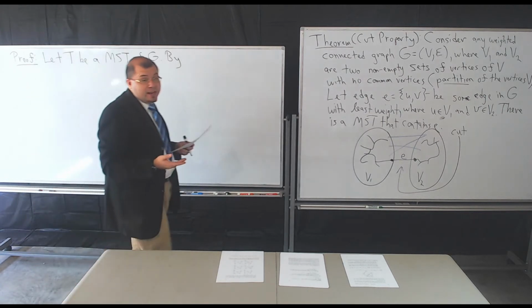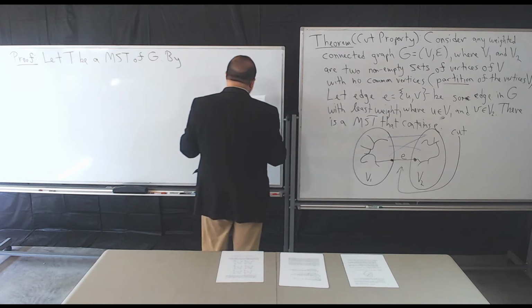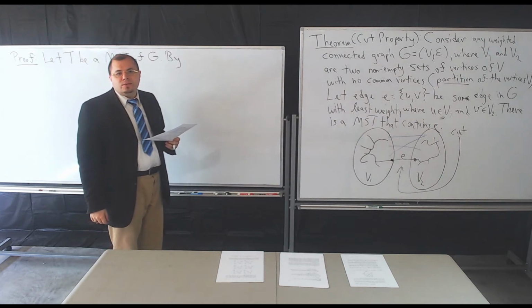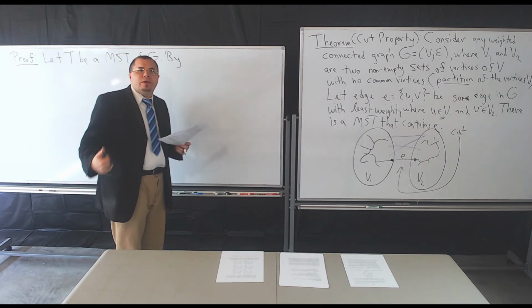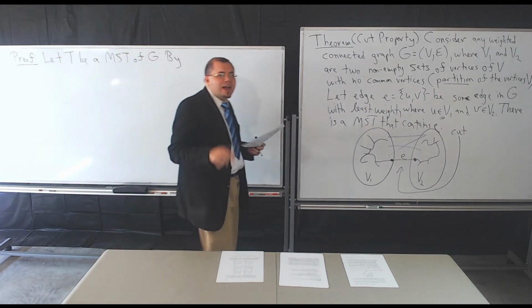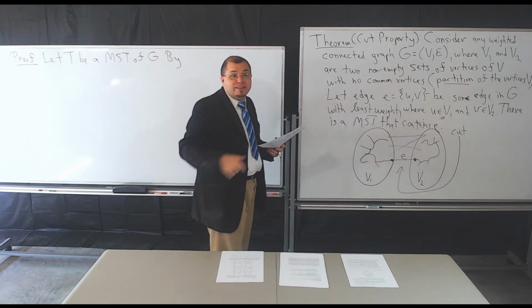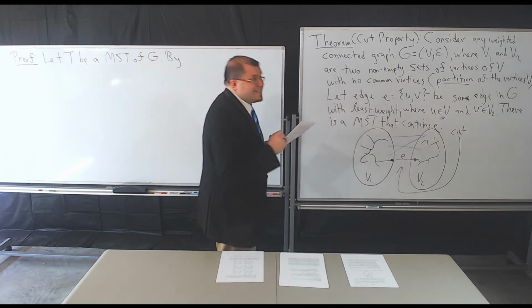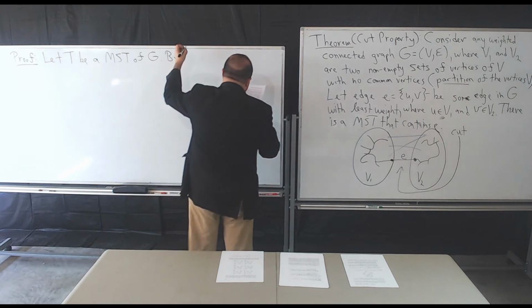Well, it's still a spanning tree, right? But what happens when I put E into this spanning tree? Well, I have some equivalent definition of a tree that says if I add any edge to my tree, because it's connected, that should create what? A cycle. It should create a cycle.